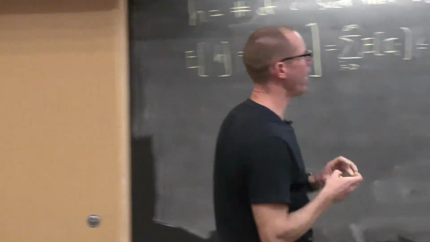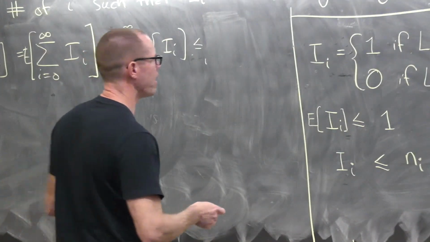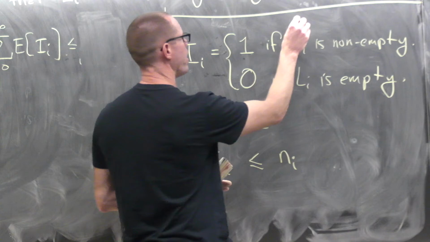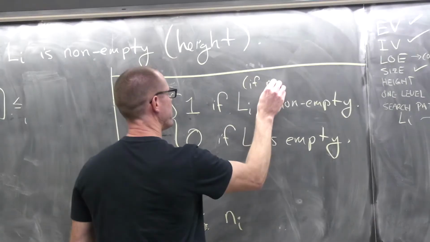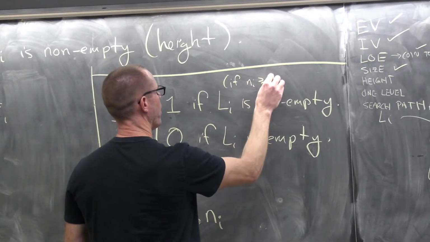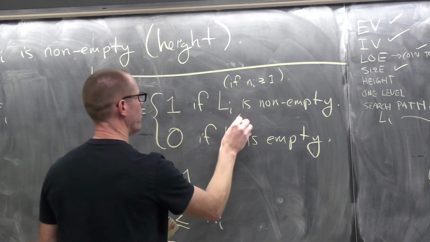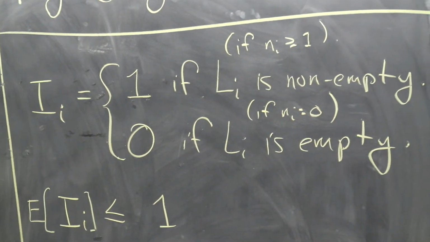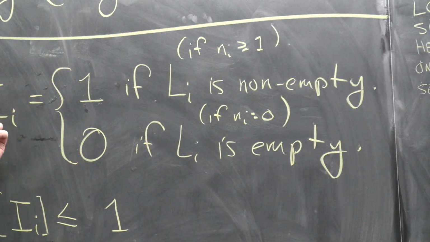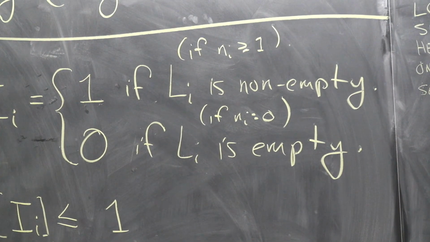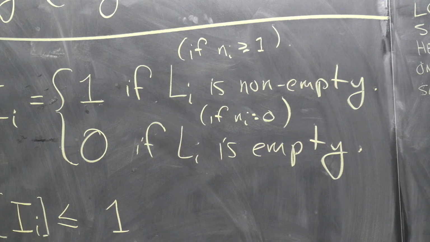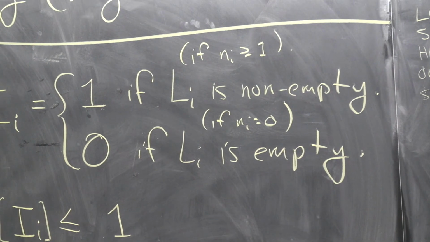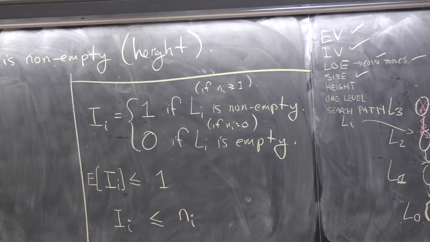So, another way of saying this is I sub I is equal to 1 if n sub I is bigger than or equal to 1, and it's equal to 0 if n sub I equals 0. And notice that in either case, n sub I is bigger than or equal to I sub I. This doesn't seem really useful, since we already know I sub I is smaller than or equal to 1.